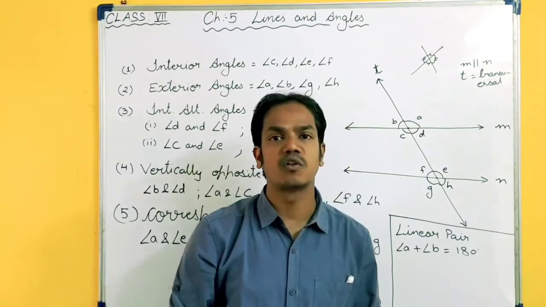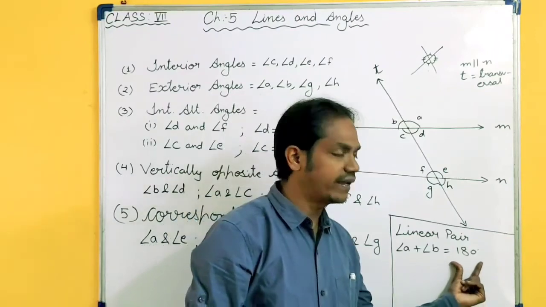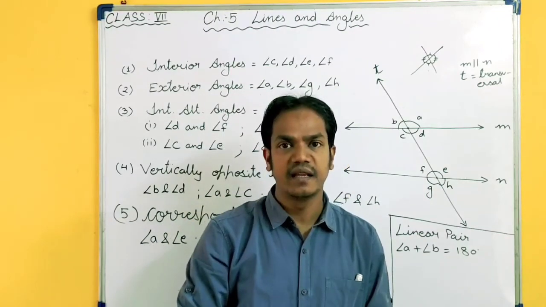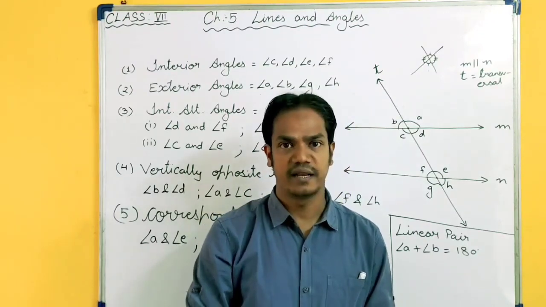This 180 degrees is also known as supplementary angles. When you add 2 angles and get the sum 180 degrees, it is called supplementary. So supplementary means 180 degrees.